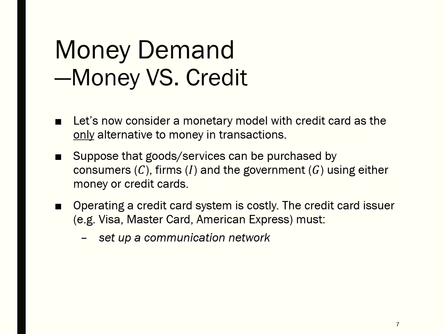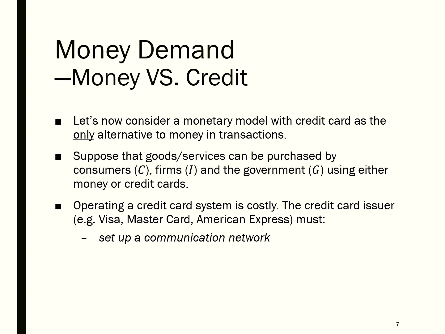For example, a credit card company has to set up a communication network. You have to be able to tell everyone who is using your service that you can use it, and the shop or the seller of any goods will have to communicate using some POS machine. Whenever you pay, you use a small machine there.